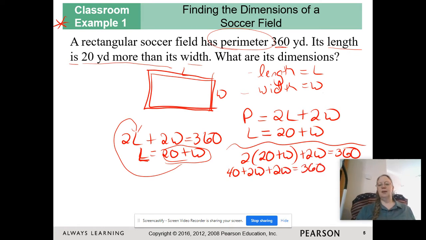One thing that I find is that students, for some reason, only ever add the width plus the length and then they stop. Make sure you go all the way around. You need two L's and two W's and not just one L and one W.